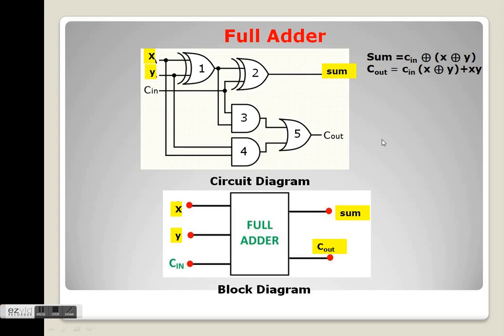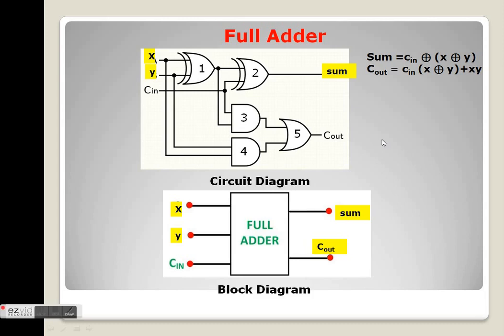Students, the output of this gate is sent as the input to the second exclusive OR gate, and the second input to the second exclusive OR gate is C in, and the result of this second exclusive OR gate is sum.